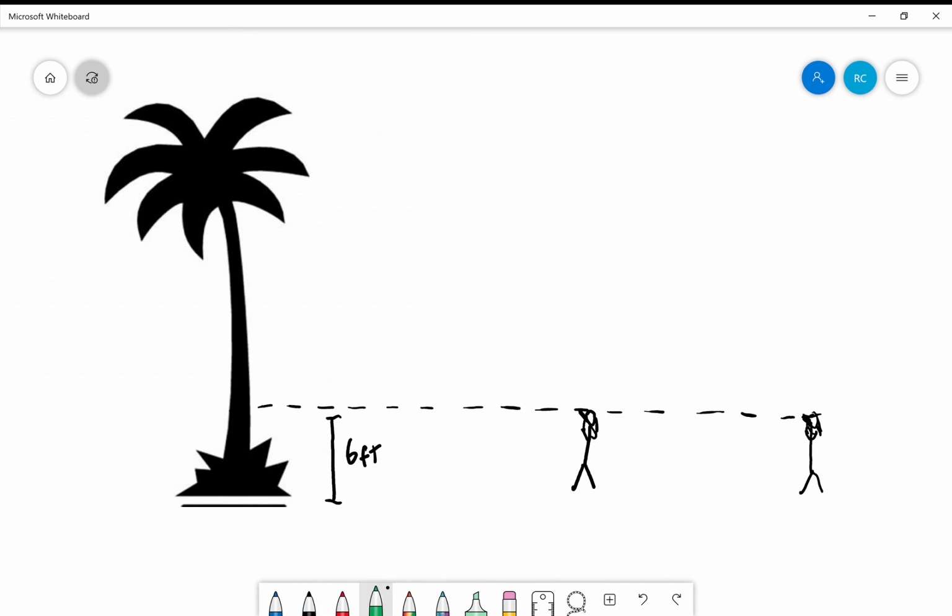So here's the height of the tree that I'm looking for. And what I've done is I've taken the angle measurement from two different spots. One spot was here, and one spot was, we'll use a different color, here.